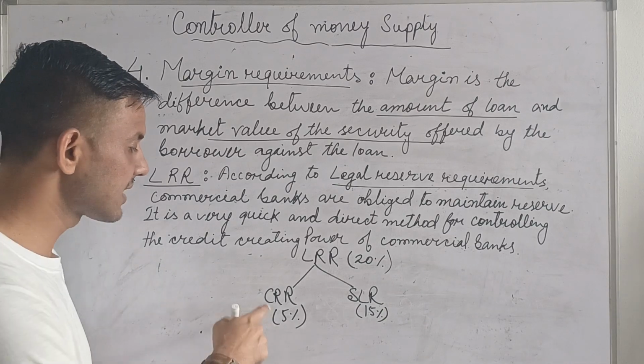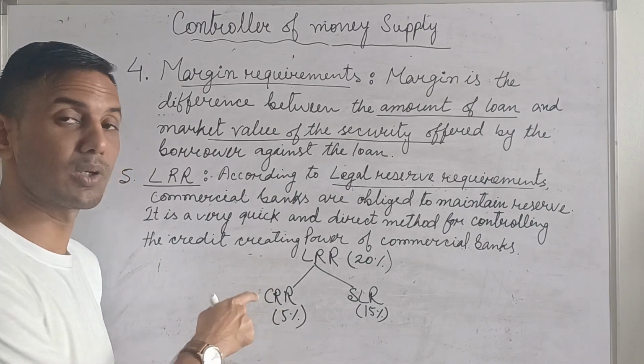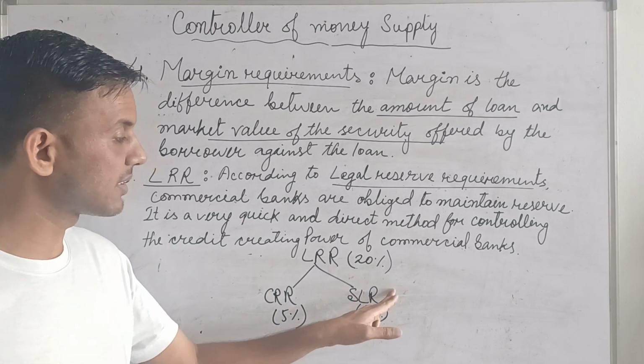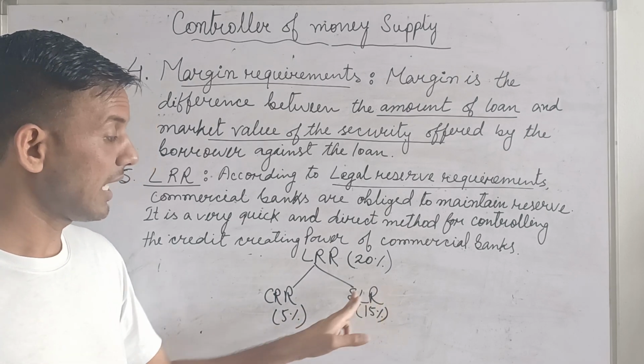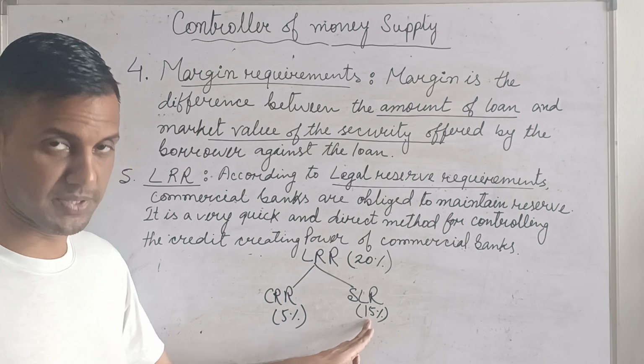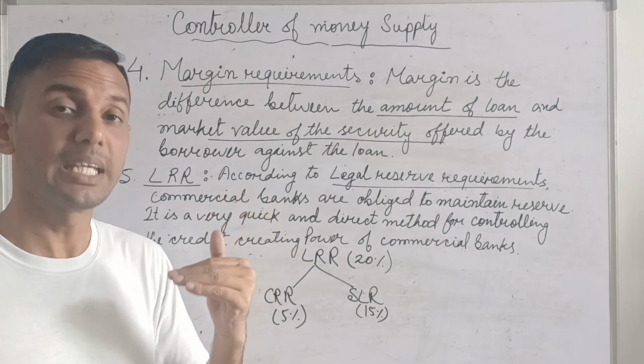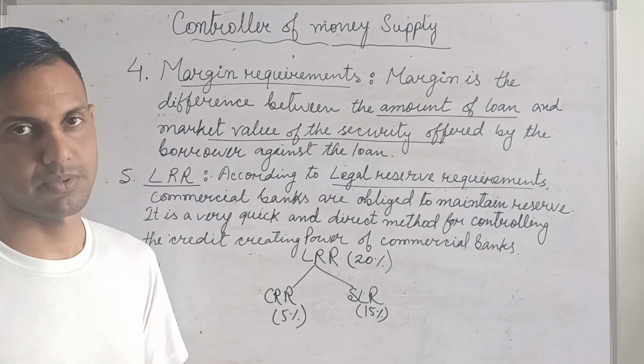Again, CRR is that portion which commercial banks have to keep with RBI, and SLR is that portion, like 15%, which commercial banks keep with themselves.